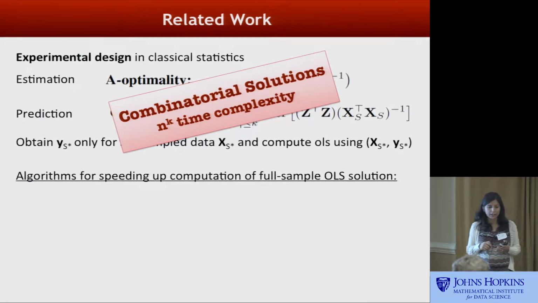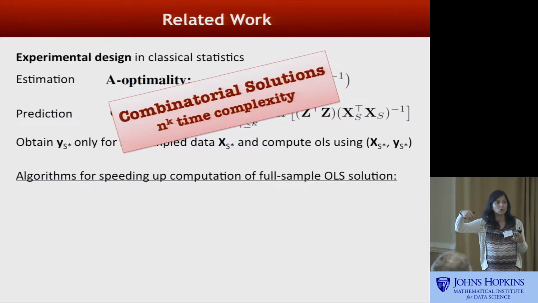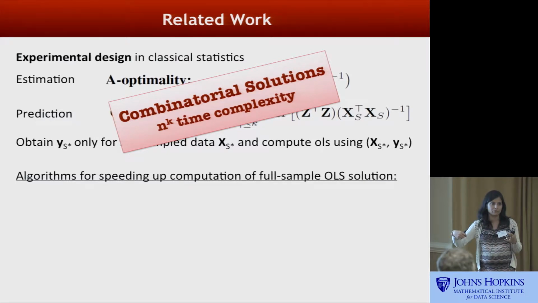But let me mention another line of work which is very related, related to some of the stuff that Joel had mentioned, which is that of speeding up computing the full sample OLS solution. First I want to pause here and say the goal is slightly different. We have a budget of k measurements that we can make. Here you do have access to all the measurements, but the goal is just to compute that full sample solution faster.